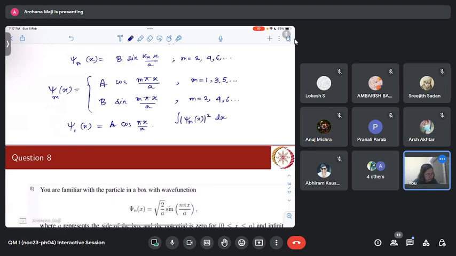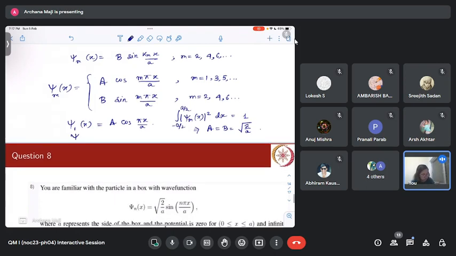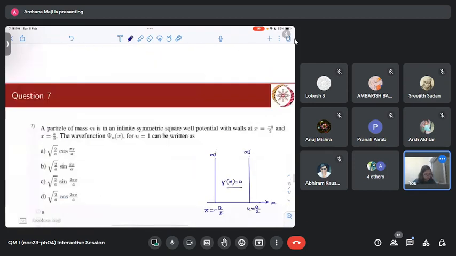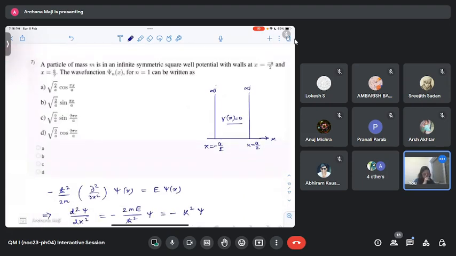For both these wave functions you can do it separately and you will get the same answer, namely A equal to B equal to square root of 2 by a. So psi_1 of x is basically square root of 2 by a cos(pi x over a). Fine. So that means the correct option here is option A.